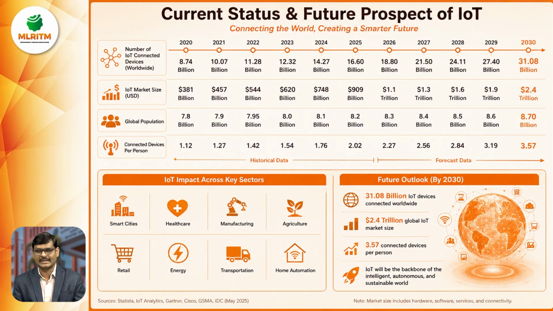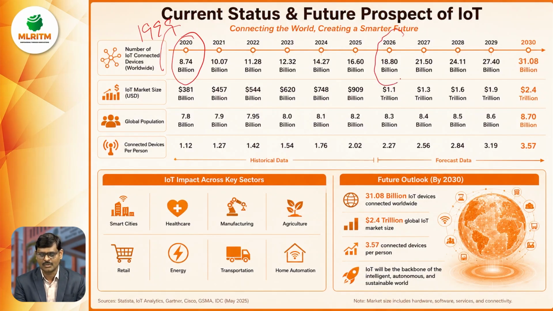When you come to the current status and history of IoT, the term was introduced in 1999, and in 2020 we had 8.7 billion IoT devices connected worldwide. In 2026, up to now, we have 18.80 billion IoT devices. The vision is that by 2030 there may be a possibility of 31.08 billion IoT devices connected worldwide.